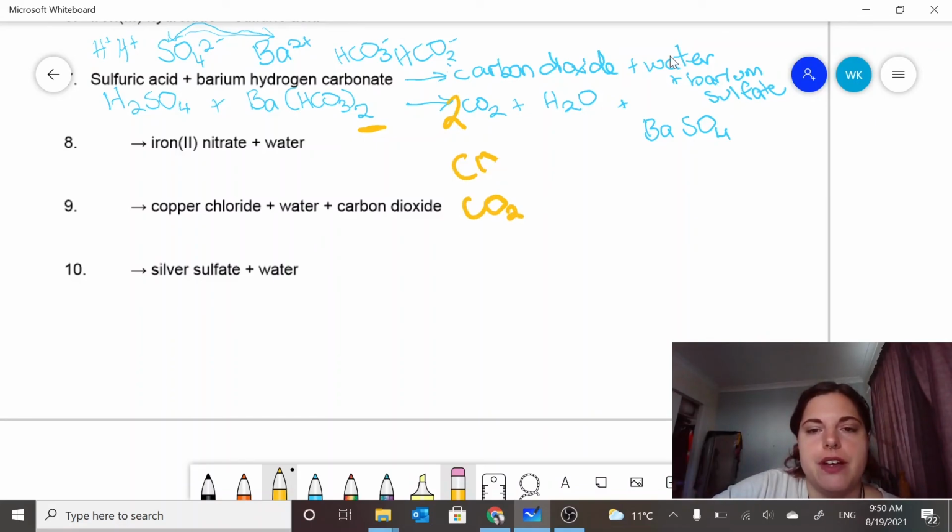That means we have a total of 4 oxygens plus 1, which is 5, plus 4, which is 9. Now if we add 3 times 2, that's 6, plus 4, that's 10. So we're not quite right here.